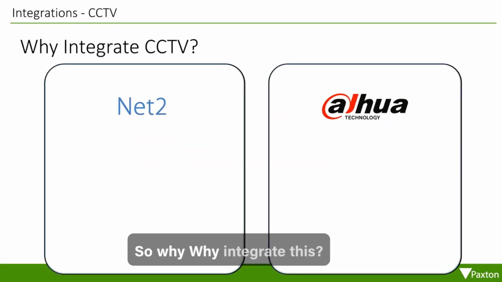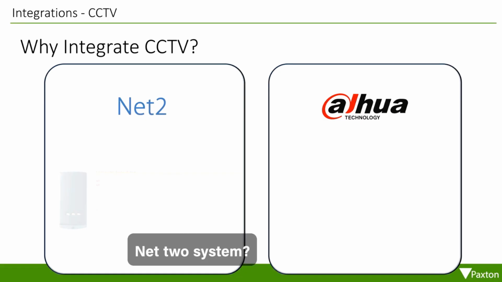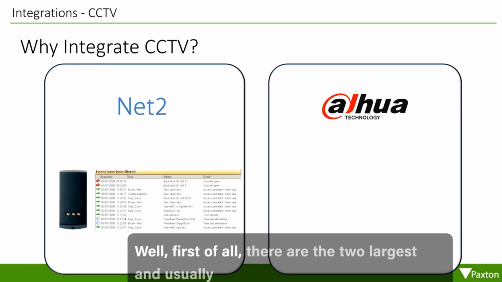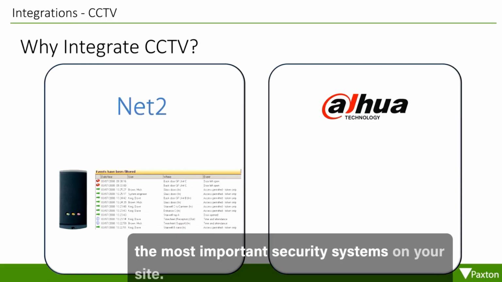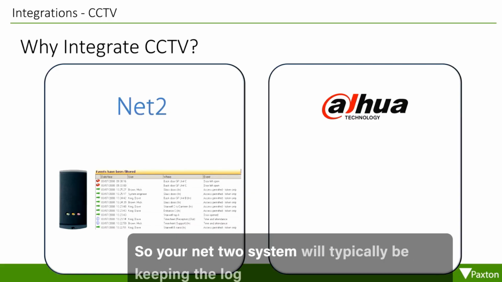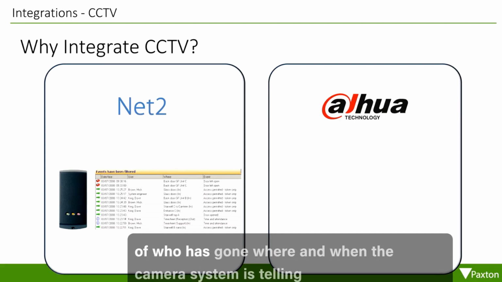So why is it beneficial to integrate your cameras with your Net2 system? Well, first of all, they're the two largest and usually the most important security systems on your site. So your Net2 system will typically be keeping the log of who has gone where and when.